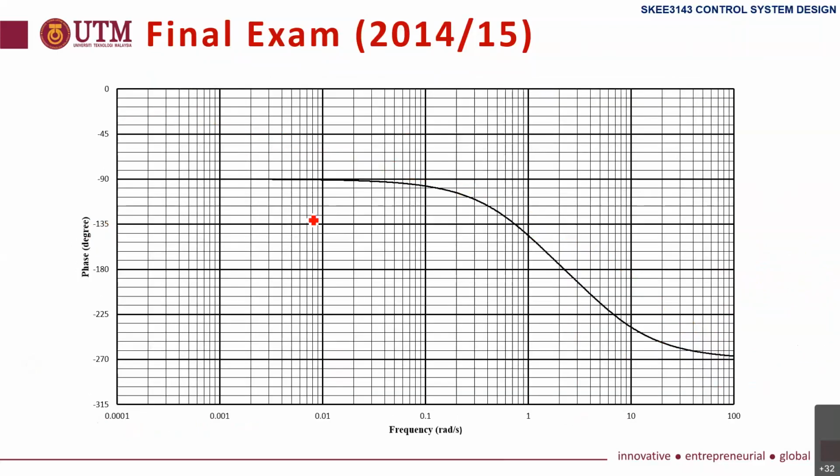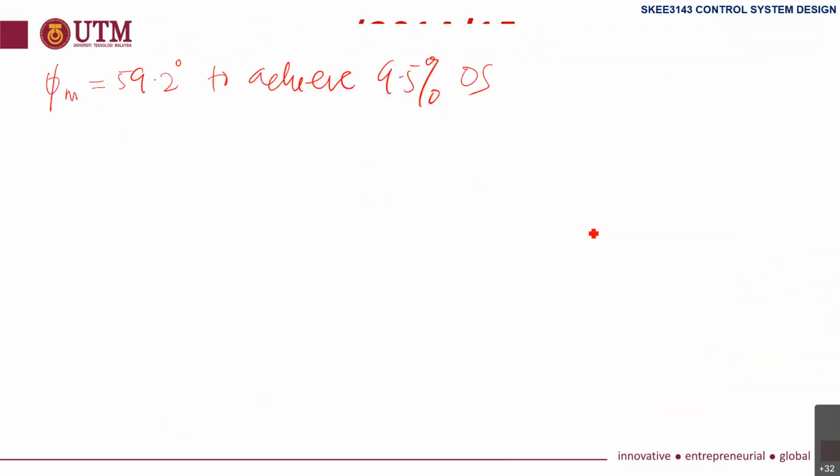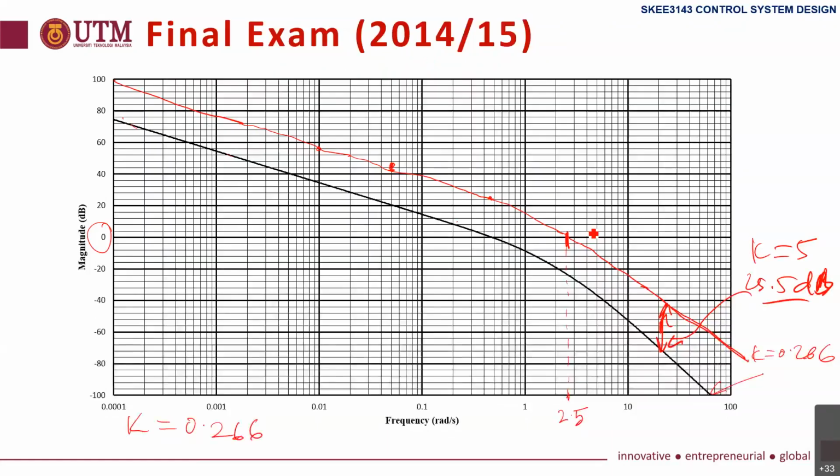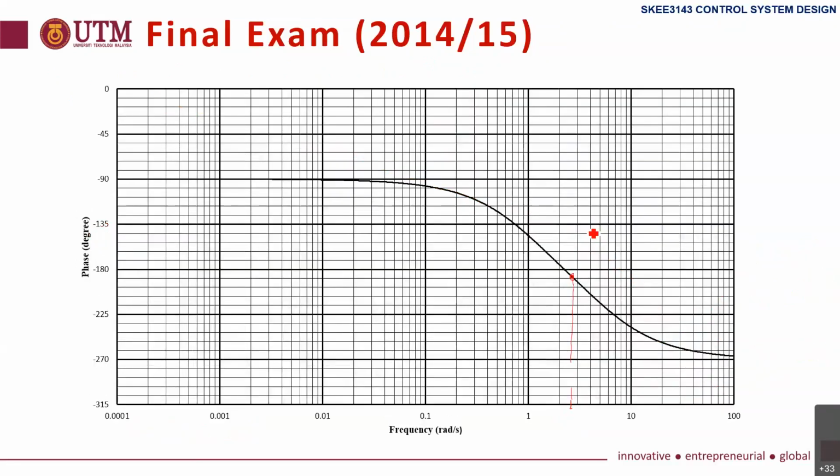You can see at 2.5 here, we cannot get the phase margin that we want. It's actually more than minus 180 degrees. We want a phase margin of 59.2, but when we change K, it is not. It is more than 180 degrees.